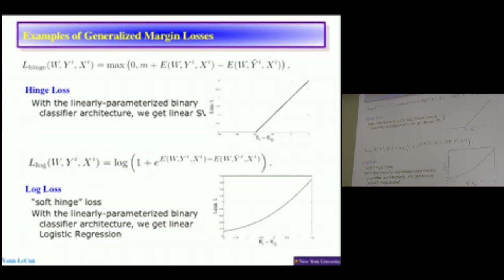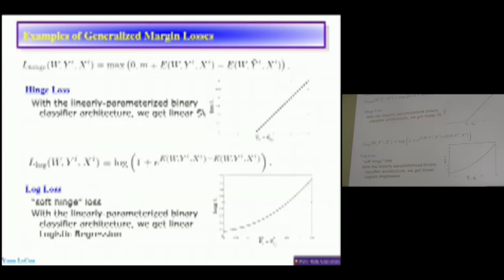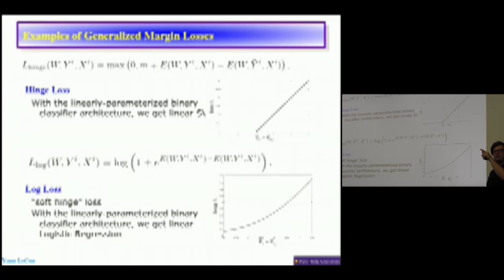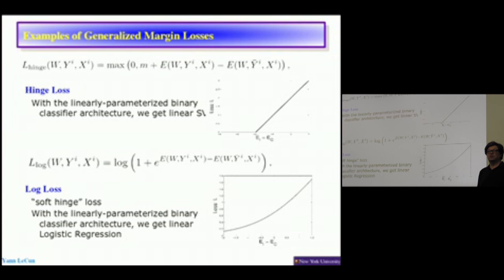So instead of a hard hinge, we get this kind of soft hinge that asymptotes to 0 on the negative side and asymptotes to the identity diagonal on the positive side. And if you plug in a linearly parameterized energy here, which is minus y w transpose φ(x), what you get is two-class logistic regression.